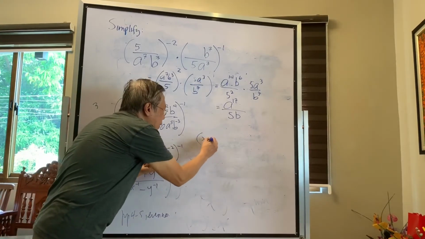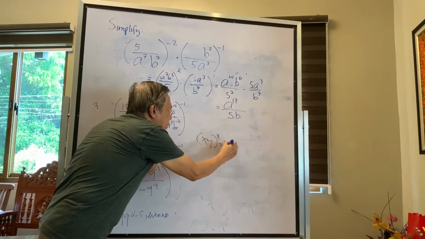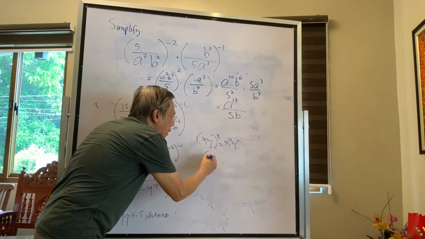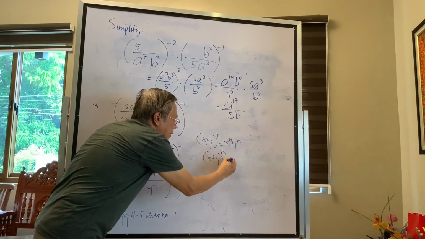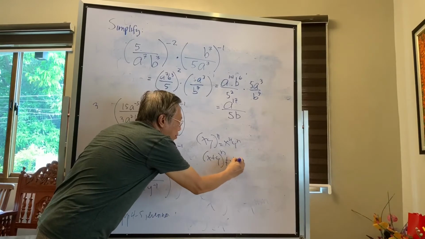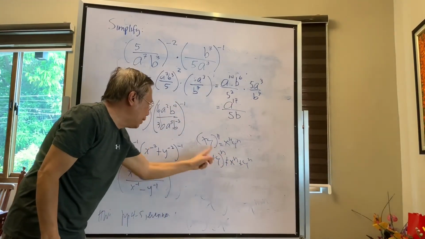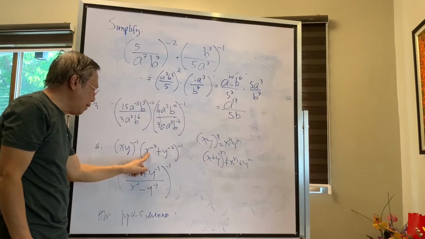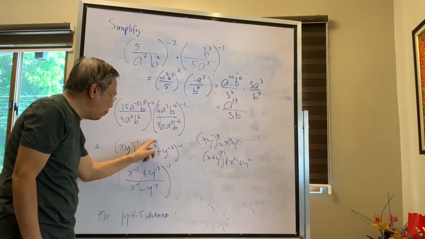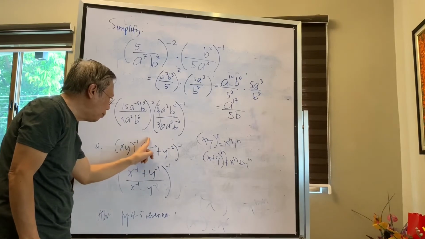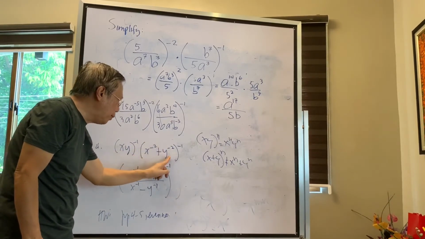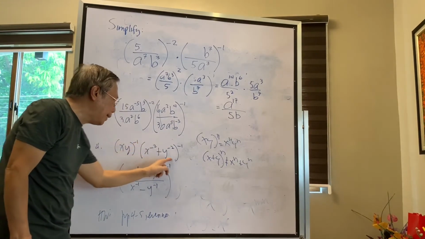Power of a product is xy raised to the n equals x to the n, y to the n. But we don't have this. This is not always equal to this. Okay? So we cannot distribute the exponents. So in this manner, you're going to use the definition of negative exponent, and you write this as 1 over x squared, and this one is 1 over y squared. And then you simplify within.